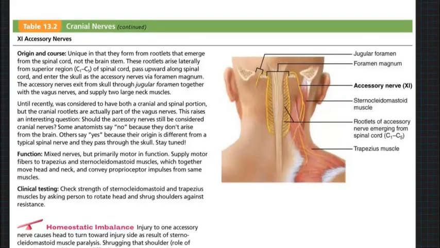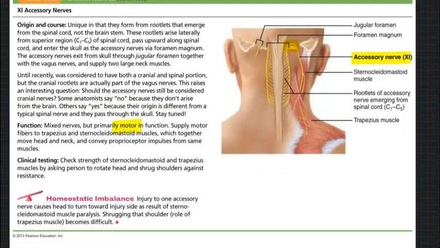Accessory nerve is weird. You can see that it originates in the spinal cord, okay? On the right, on the image. So we still consider it a cranial nerve, only because it basically runs through the cranium, okay? Function, we consider it motor.